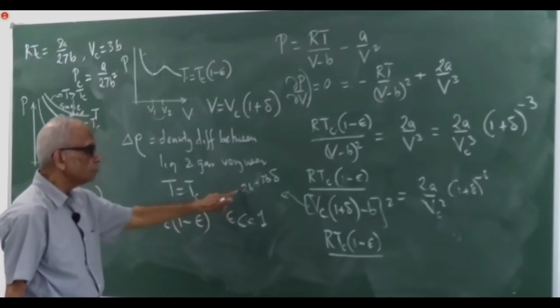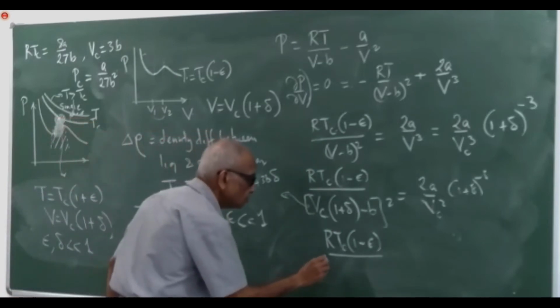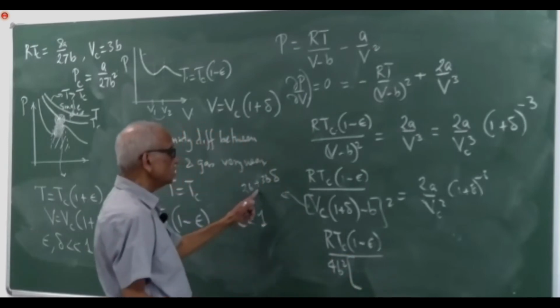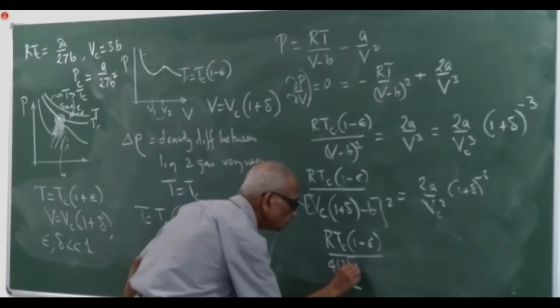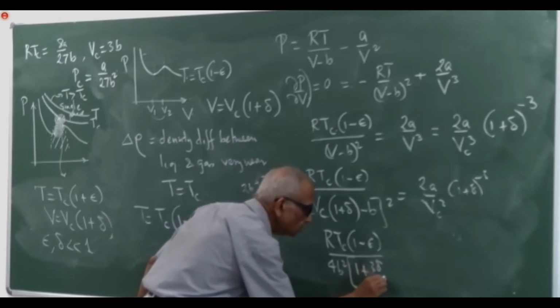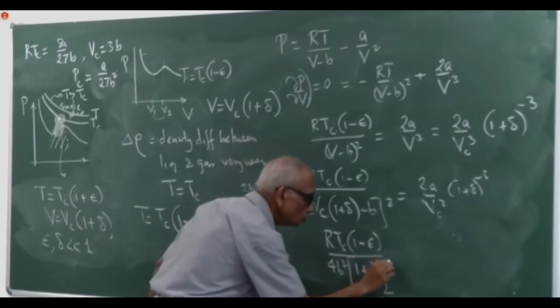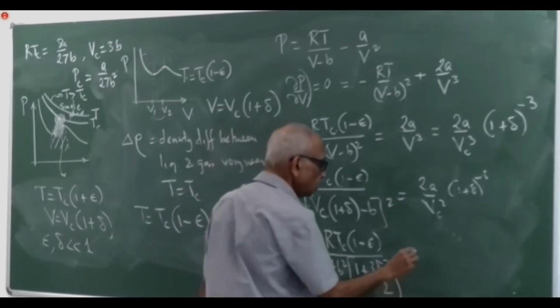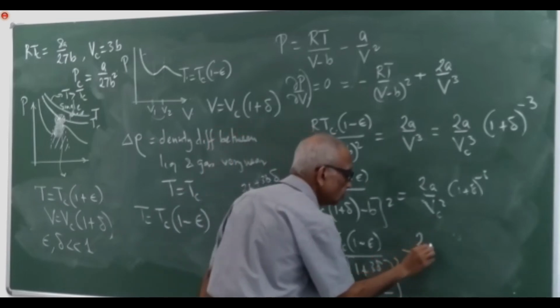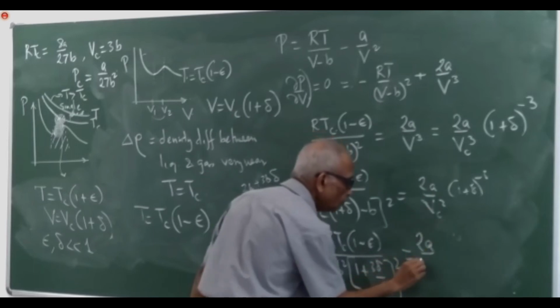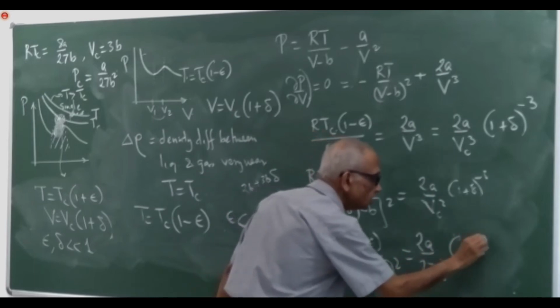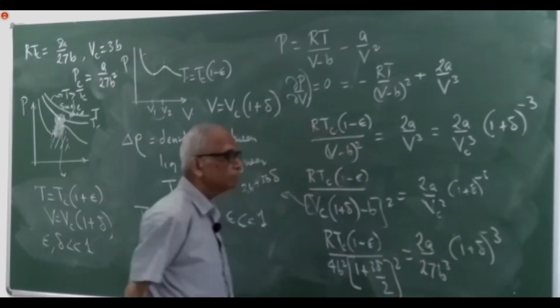So I take out 2B over here. So it is 4B squared, and then it is 1 plus 3 delta by 2 squared. That is equal to 2A over Vc cubed. So it is 2A over 27B cubed into 1 plus delta to the power minus 3.